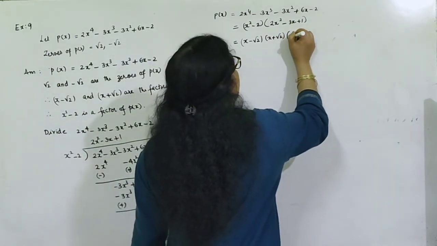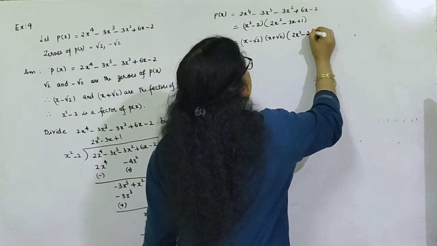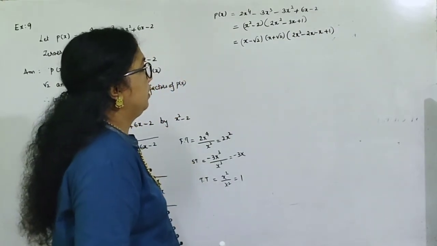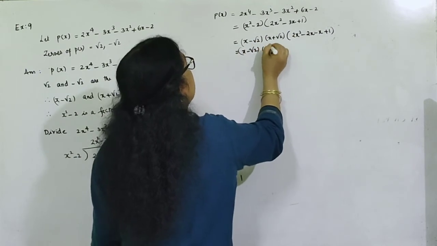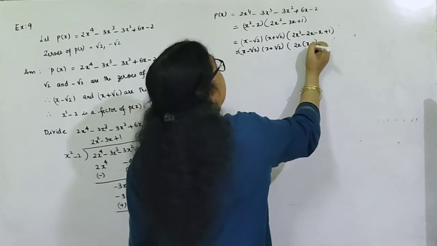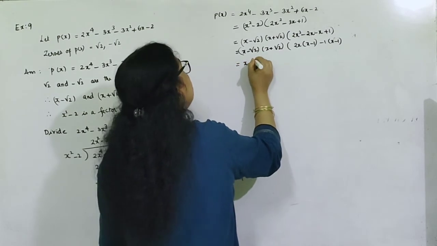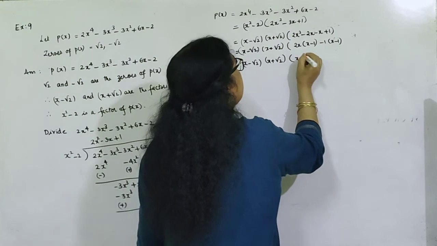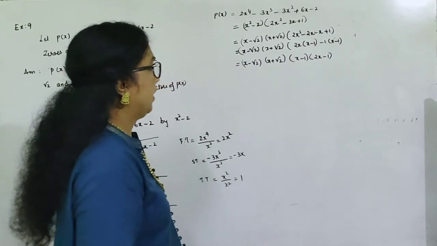So 2x square minus 2x minus x plus 1, that is 2x, x minus 1, minus 1, x minus 1. So x minus root 2, x plus root 2, x minus 1, 2x minus 1. You factorize now fully.